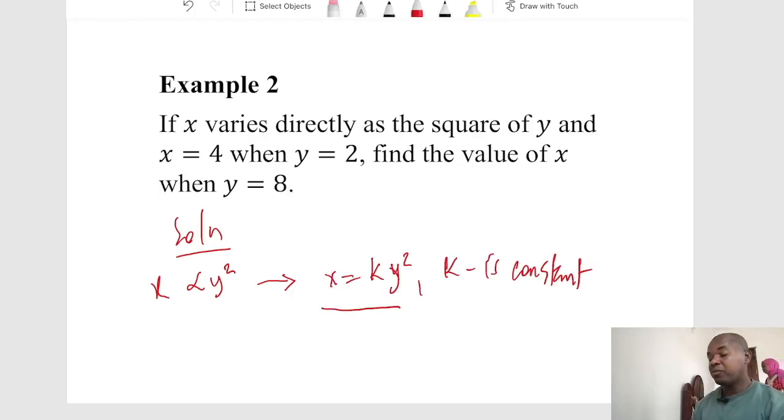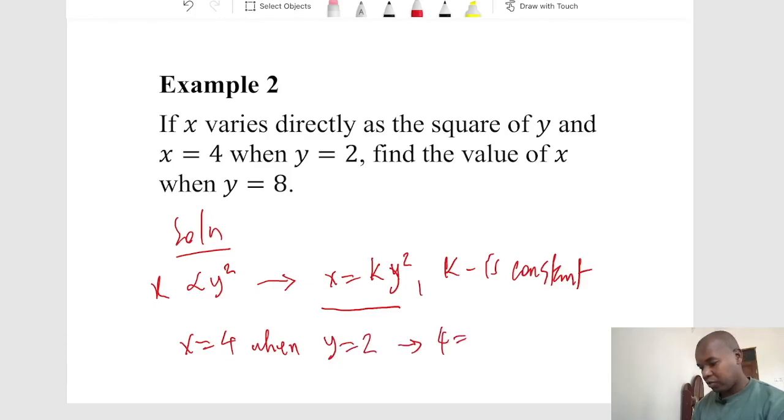So the first step, we can find the value of the constant k. x equals 4 when y equals 2. So I can plug the details in here: 4 equals k times 2 squared. So 4 equals 4k, and eventually you get k equals 4 over 4, which is equal to 1.